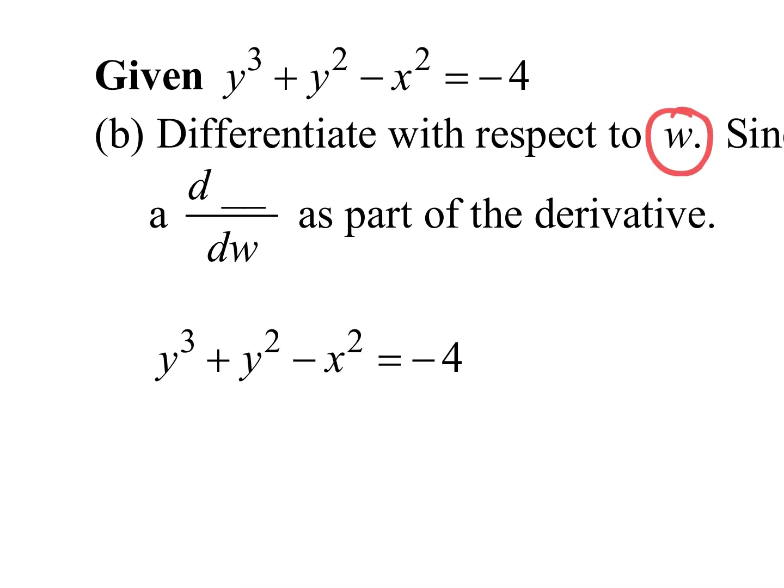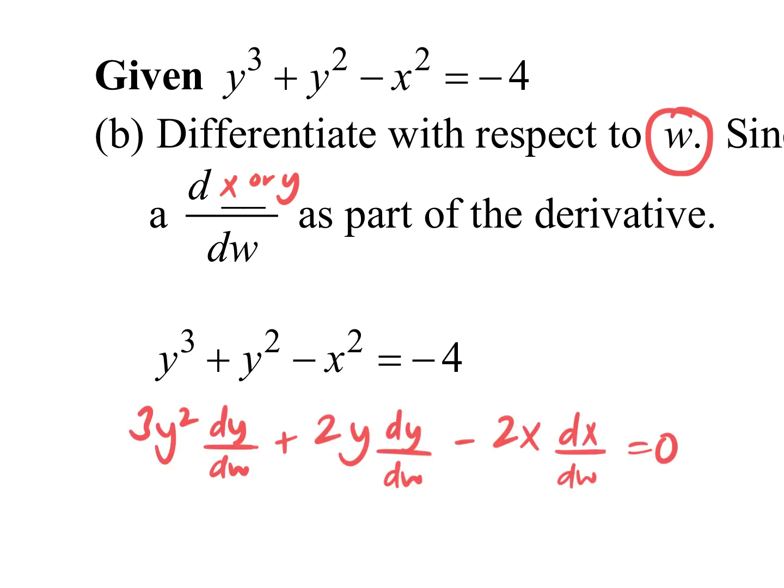So on the top, it's going to be either dx or dy over dw when you're evaluating it. Okay? So just write out the derivative of this function. All right, did we all get this up here? Yeah? Okay. And then you got one last one.